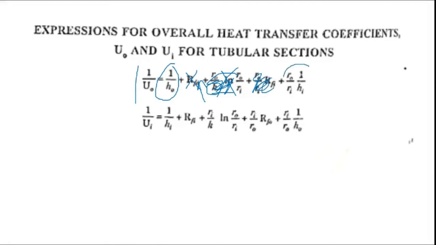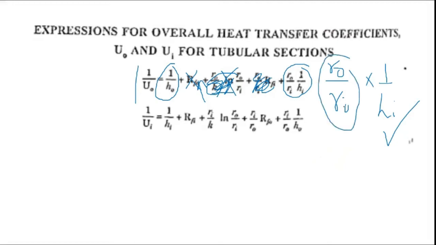See the last term. The last term is R naught by Ri multiplied by 1 by hi. You said that individual heat transfer coefficients are given, but have they given you the R naught and Ri values? No, sir.